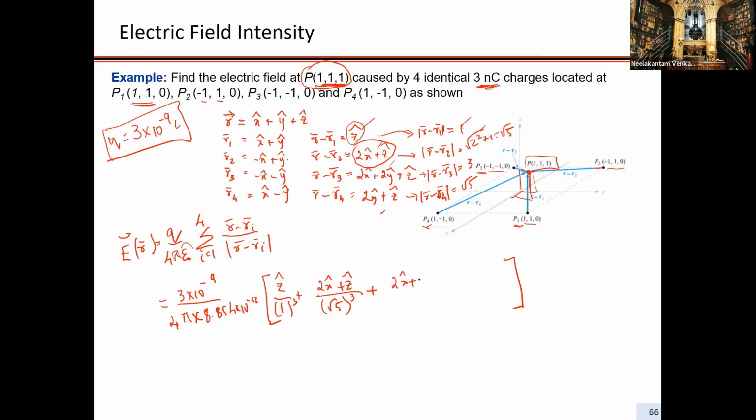Then comes the R minus R3 term, over 3 cubed, plus the last term, 2y hat plus z hat over root 5 the whole cube. So when you go ahead and do the math, it's going to be 6.82.